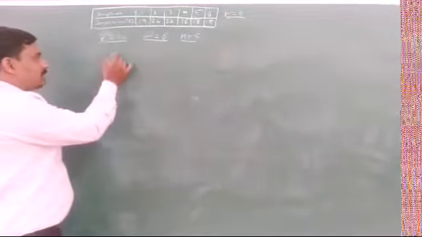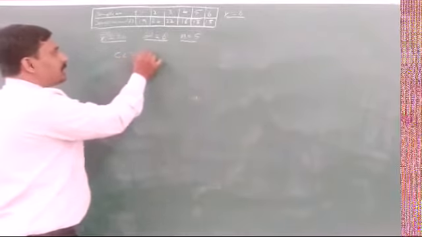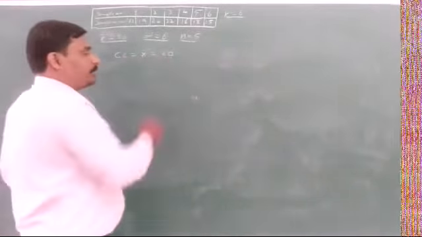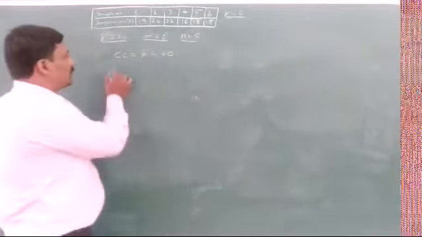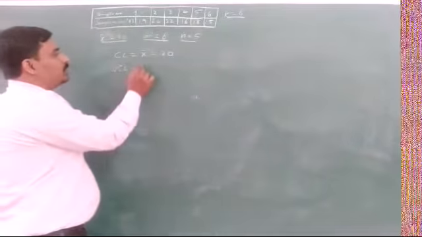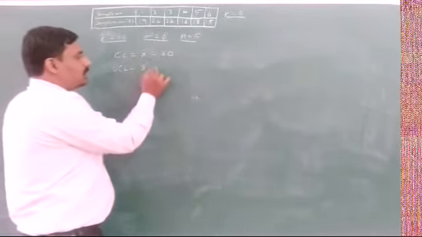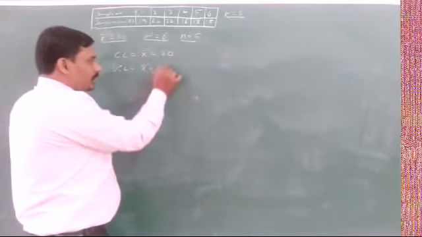Okay. Then upper control limit and central line first. Central line is equal to X bar dash itself, that is 20. Then upper control limit UCL is equal to X bar dash plus A sigma dash.